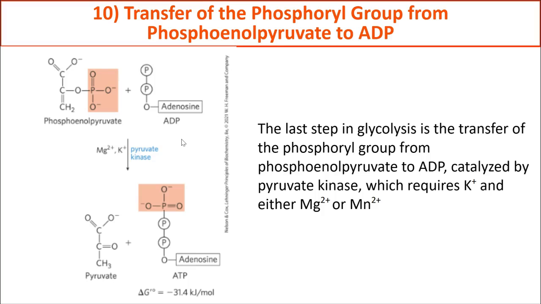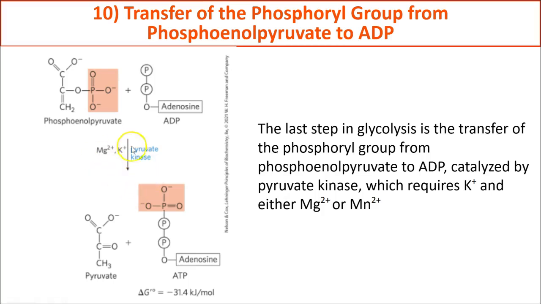And then from there, once we're in this form, the last step in glycolysis is the transfer of the phosphoryl group from the phosphoenol pyruvate to ADP, which is catalyzed by pyruvate kinase, which requires potassium and either magnesium or manganese cation.